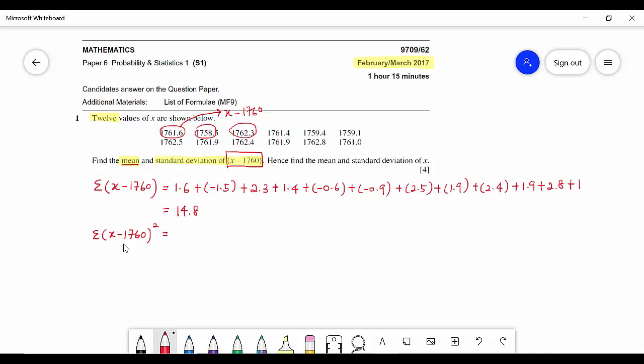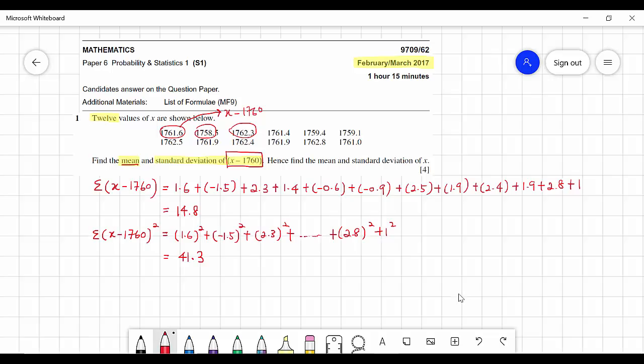So you generally do the same thing, but you just need to square all the values that you get just now, which is 1.6 squared, and so on. All right, so of course you can continue to square every single value, and you have 2.8 squared plus 1 squared. Therefore, the summation of x minus 1760 squared, if you didn't do any careless mistake, you'll get 41.3.